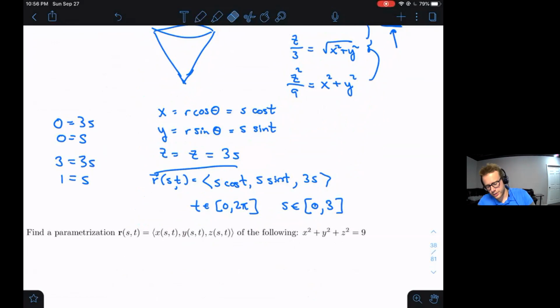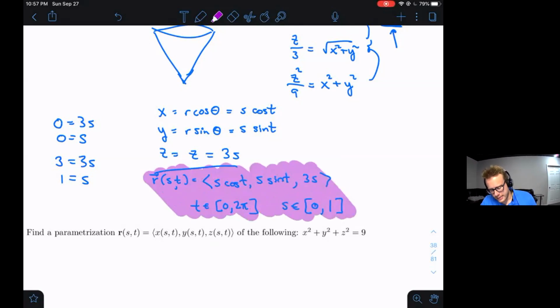So the upper range here should be s is equal to 1, because once s hits 1, or this radius hits 1, we multiply it by 3, and this is going to give us the z value of 3. So this right here is our final answer. This is how we could rewrite that cone as a set of parametric equations.